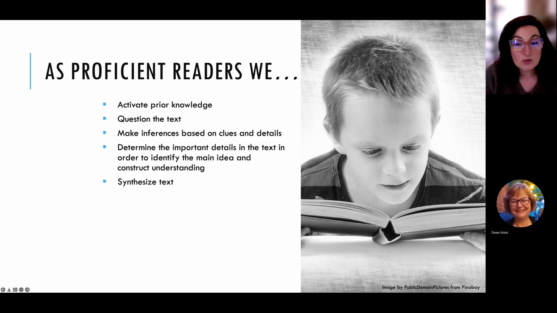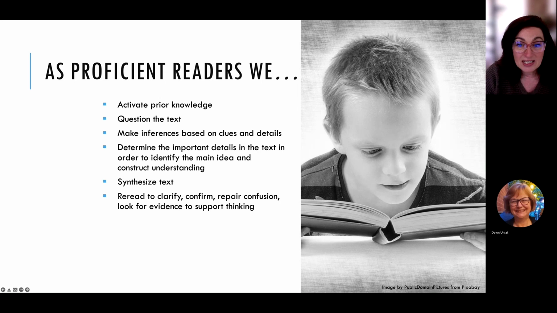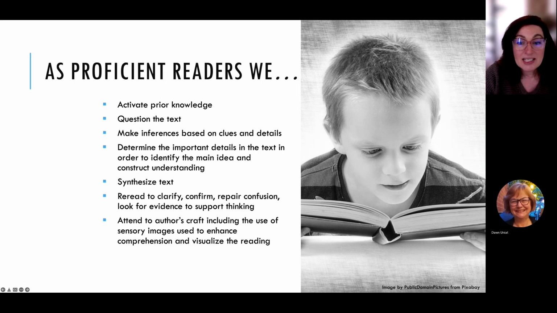We synthesize to inform new ideas, and we go beyond the literal and we gain insight. We reread as necessary, and we paid attention to the author's craft, noticing things like sensory images that support our understanding and help us to visualize and experience the text. We know the value of talk to construct meaning, so we went and talked about that in breakout rooms with other colleagues.